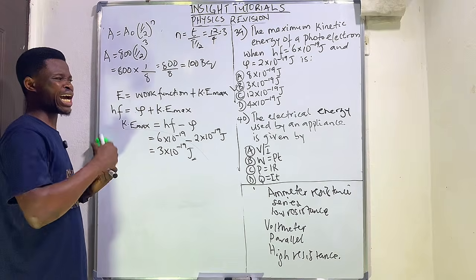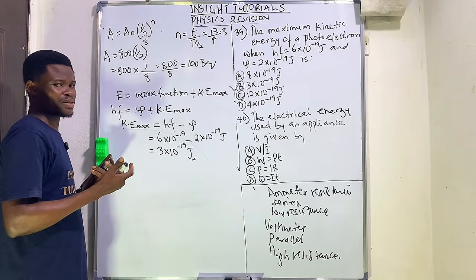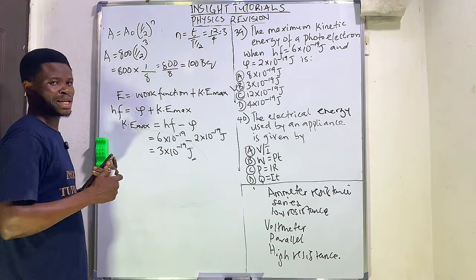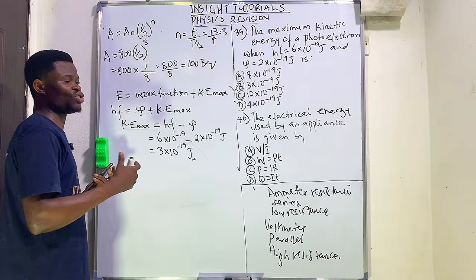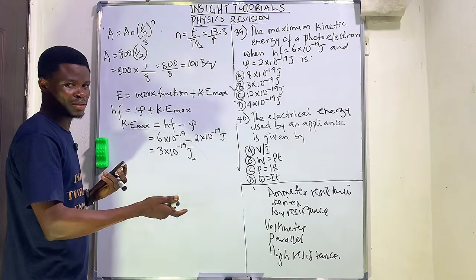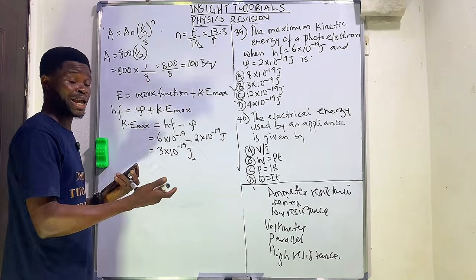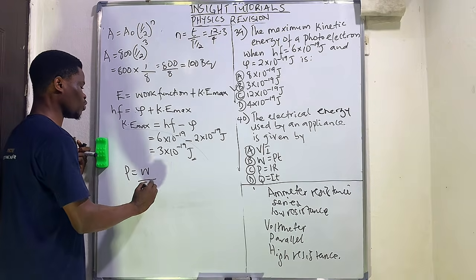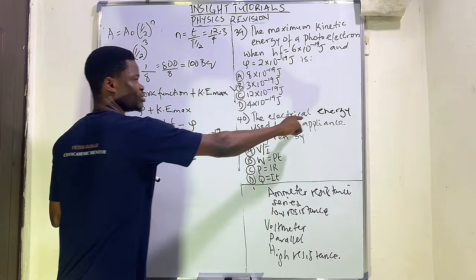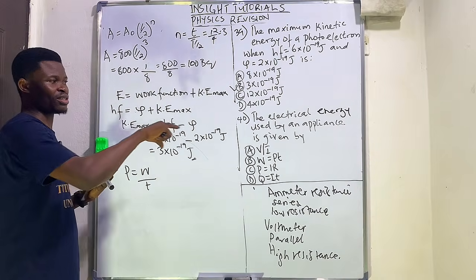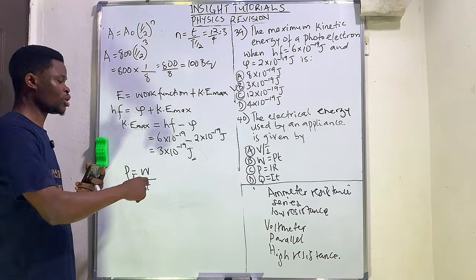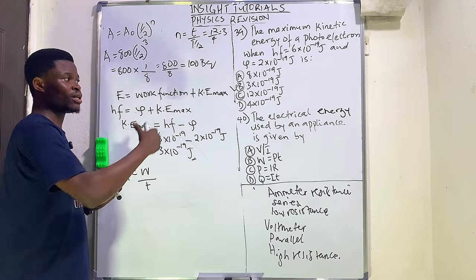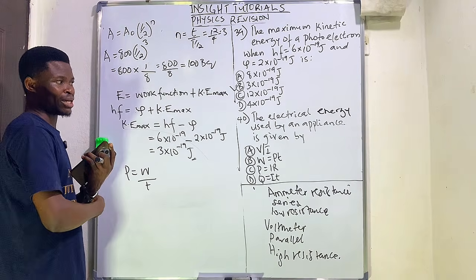Now, for you to get the electrical energy used by an appliance, you are going to say in essence that power is simply what? The energy transferred per the time taken in transferring that particular energy. So it's more like power is equal to the work all over the time. Now they're talking about the energy, and the energy in this particular situation is synonymous to the work that is done by that appliance.